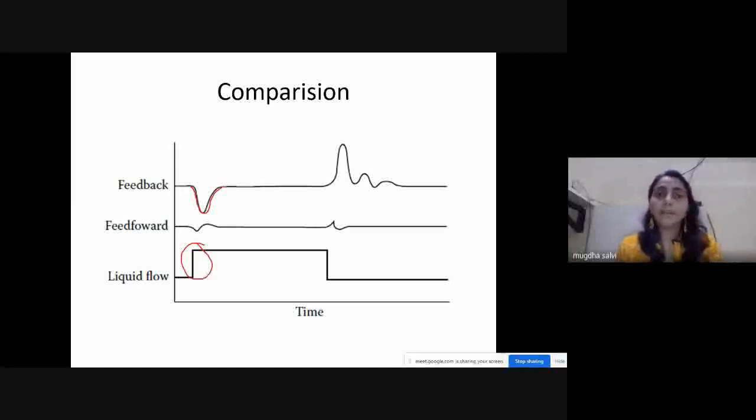Whereas in feed forward, the feed forward controller had already estimated that since there is an increase in the liquid flow, T out is going to drop, and before it does, I will increase my steam flow. When the steam flow was increased, automatically the effect on the output T out was very minimal. That is the benefit of using feed forward control.